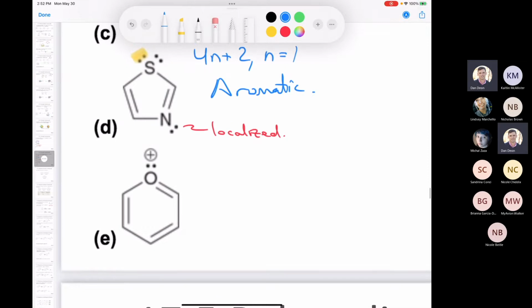And for the last one, could anybody tell me, would the last one be aromatic or anti-aromatic or non-aromatic? Do we have a continuously overlapping system of p orbitals? We have a p orbital here, here, here, here, here.